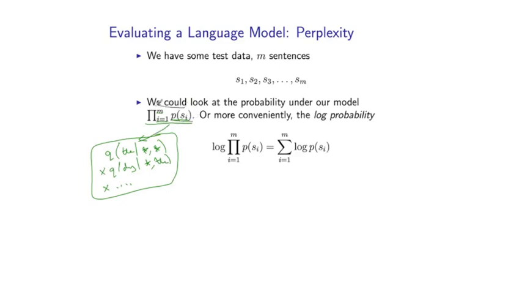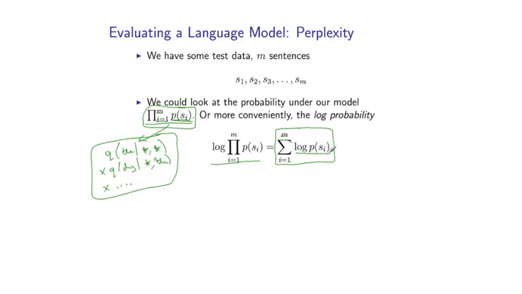You can think of this value as being a measure of how well the language model predicts these test data sentences. It's actually slightly more convenient to look at the log of this product instead. If I take the log, by the usual rules of logs of products, I end up with a sum from i equals 1 to m of the log probability under the language model of sentence s_i.